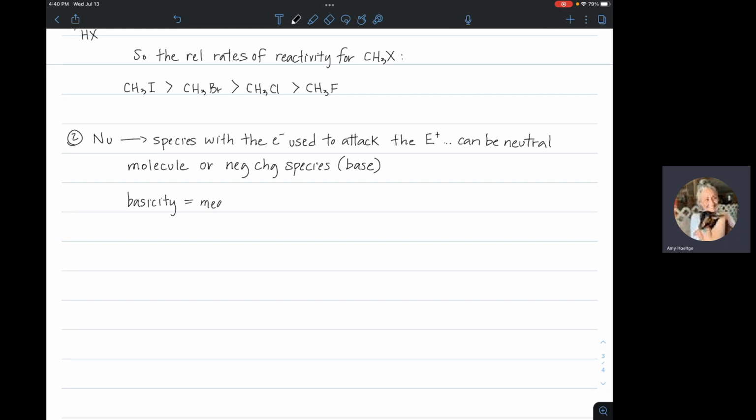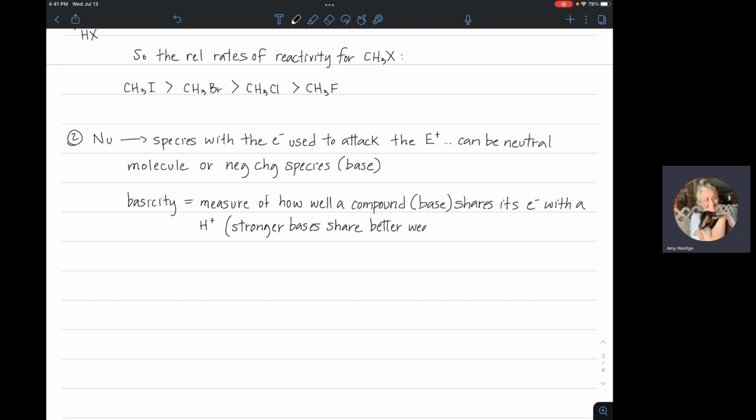Basicity is a measure of how well a compound, in other words, a base, which you identify from Gen Chem what the base is, will share its electrons with a proton and, in other words, stronger bases share better than weaker bases.